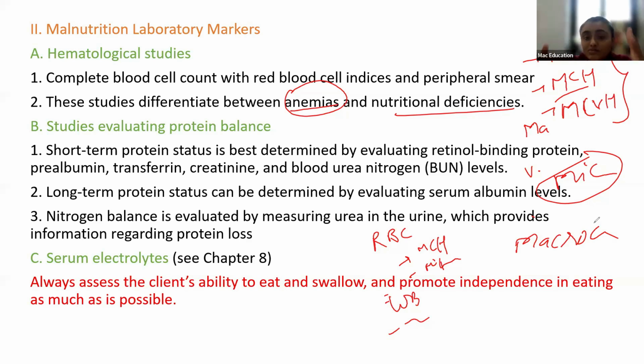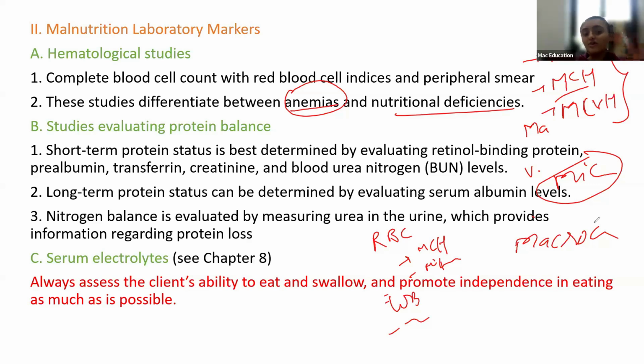So through this blood report, we can identify the difference between the types of anemia and other nutritional deficiencies. These two points suggest this. Now got my point? Yes or no? Yes, ma'am. Okay.